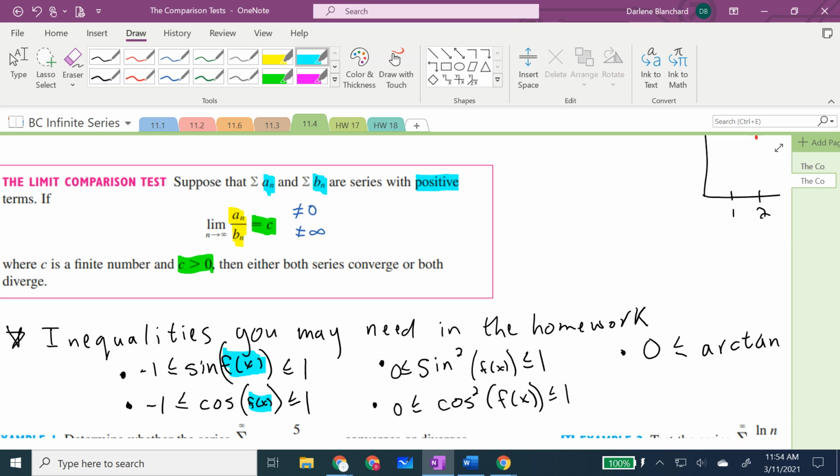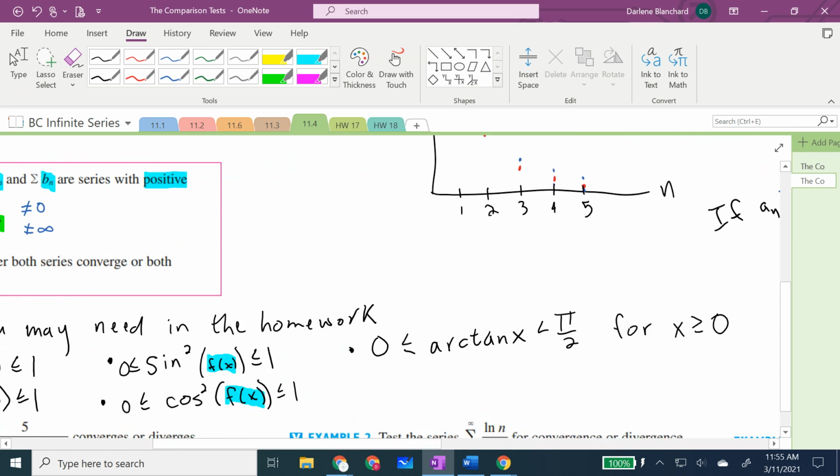If you decide to square sine and cosine, that allows you to have positive numbers when you need positive numbered terms. But if you're squaring numbers between -1 and 1, now they are between 0 and 1, and they're forced positive. So be aware of these inequalities. You're going to need them for some homework problems.